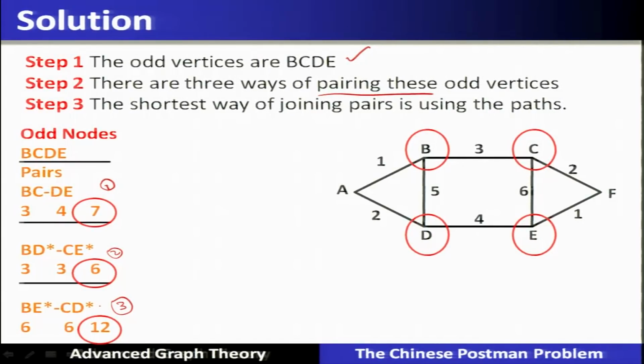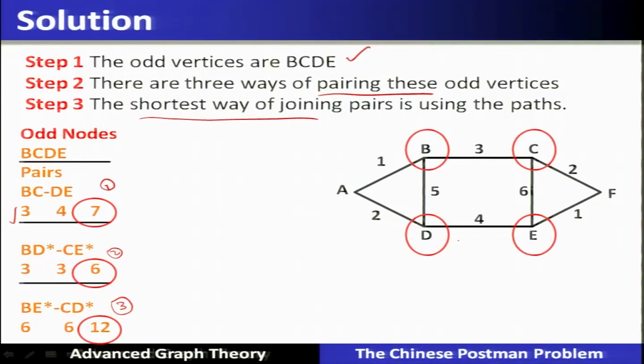Now, we have to find the shortest way of joining the pairs using a path. B and C can be reached with a direct edge of cost 3, but if we go by some other way it will become more costly. So, obviously B and C can be connected with a minimum cost of 3.